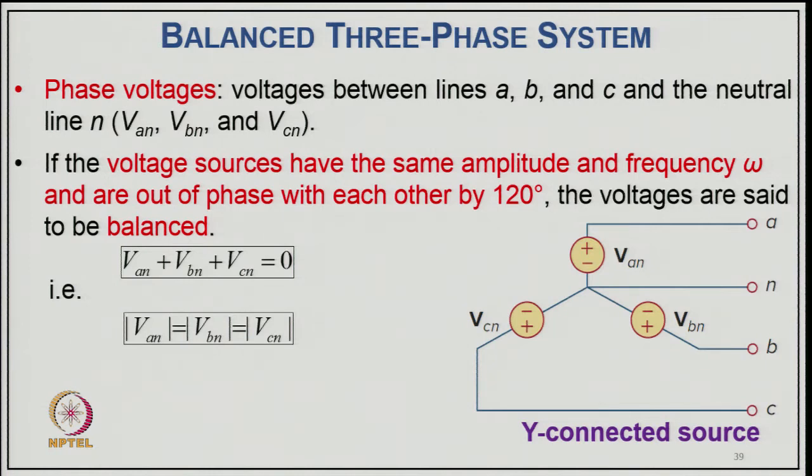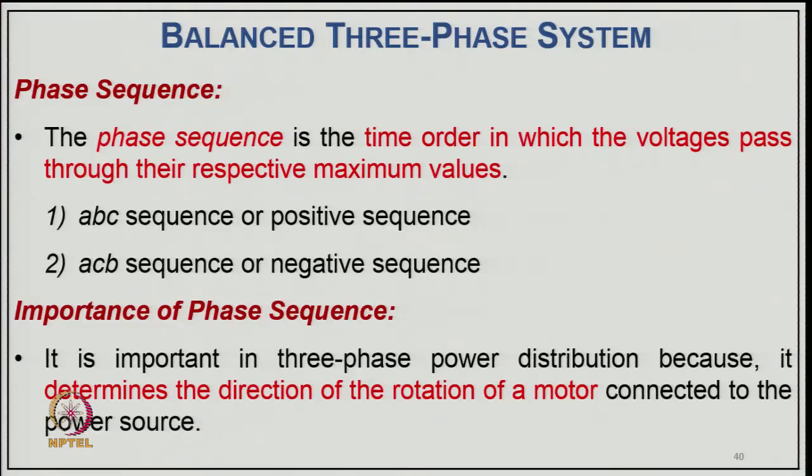We say here that the magnitude, either peak or RMS, of these 3 phase voltages are equal. Of course, there is the concept of phase sequence. In a polyphase system, the phase sequence is the time order in which the voltages pass through their respective maximum values. There are normally 2 phase sequences in the system: the ABC sequence, which we call the positive sequence, and the ACB sequence, which we call the negative phase sequence.